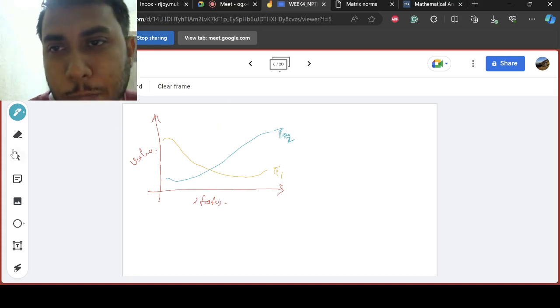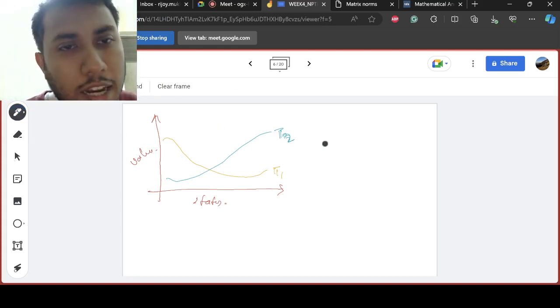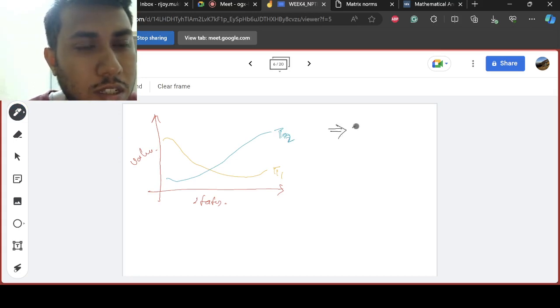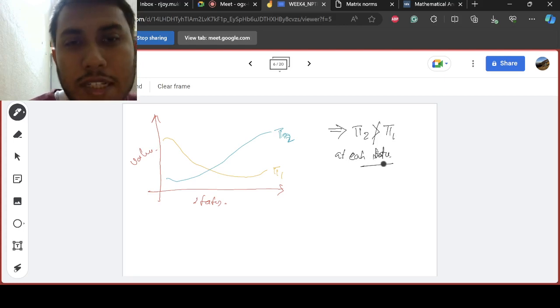So what is different from the curve we drew before? In this curve, pi 2 is not greater than pi 1 at each state, right? In some particular state it is better, in some particular state it is not.